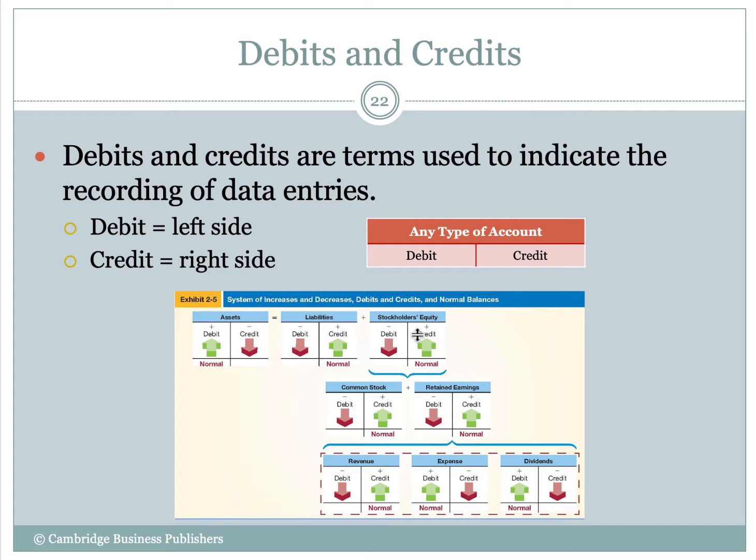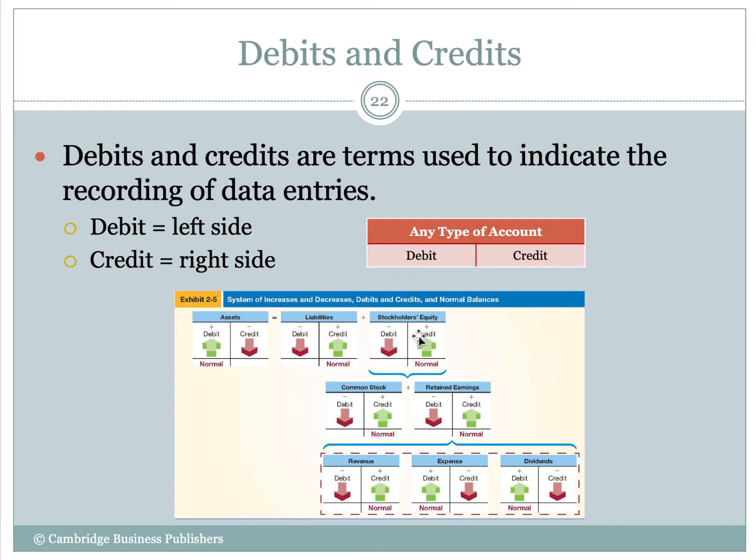So the first thing we need to know is that debits and credits are just terms that we use to indicate what recording we're doing within a transaction, or what recording we're doing in that account. The left side is always the debit side. The right side, always the credit side.